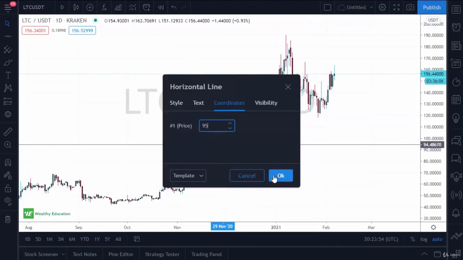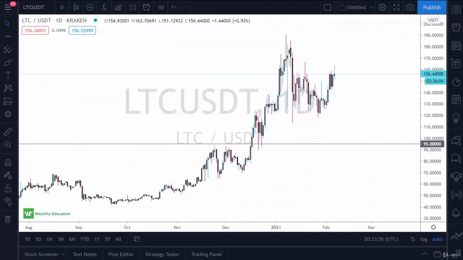Gives you a nice baseline. I want you to notice something, that we tried to break above there a couple of times. Obviously, there was selling pressure there, but notice how once we finally did break out, when we came back, there was support. There is a saying that once was support becomes resistance and vice versa.